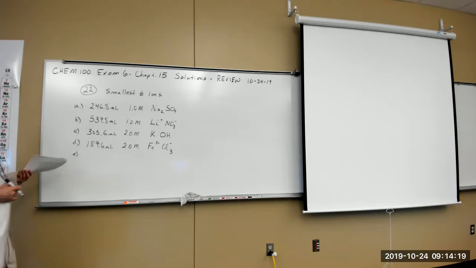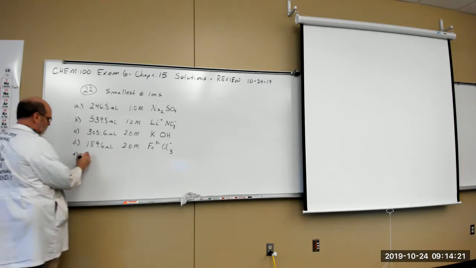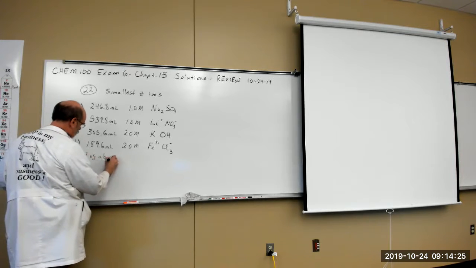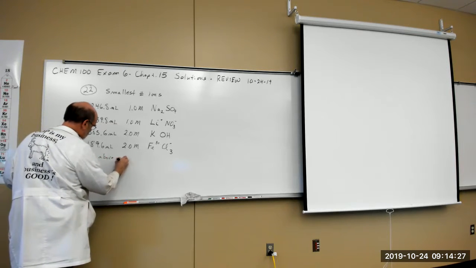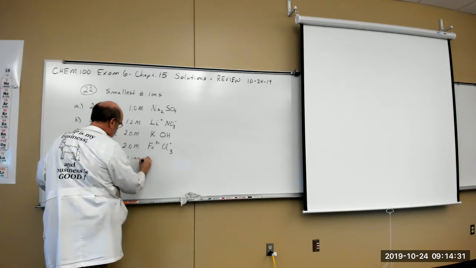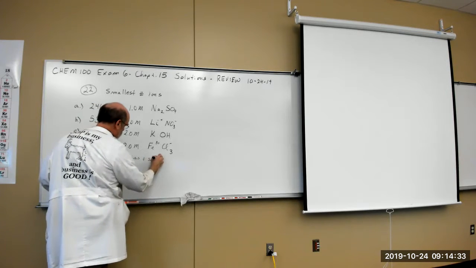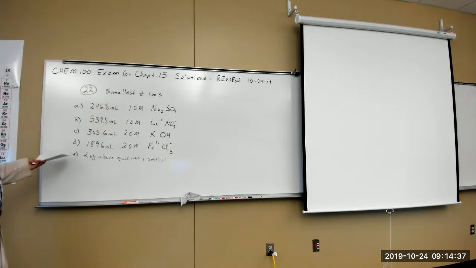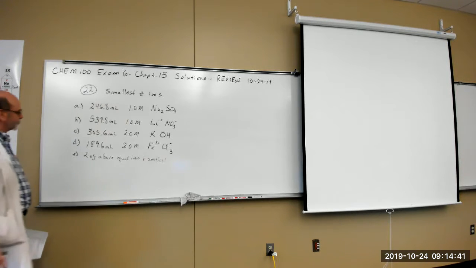So that's just saying 2 of the above are equal. Equal ions and smallest. Okay. The only way to know whether E is true is to do the calculations.